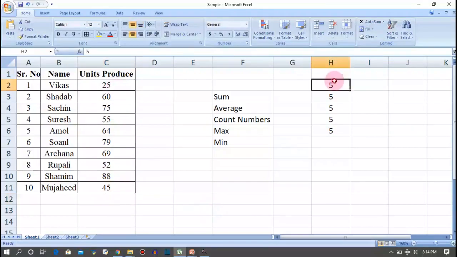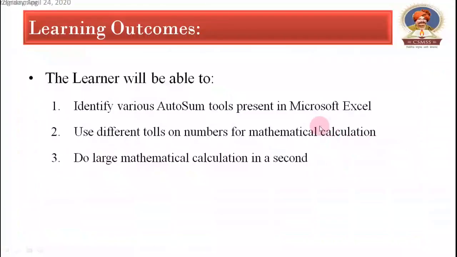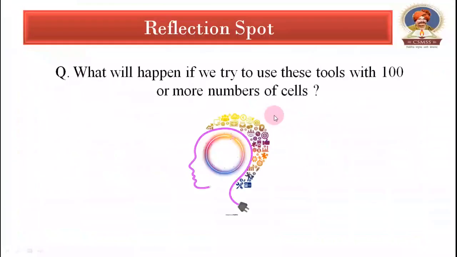These are the automatic selection tools present in your Excel. With the help of these tools, you can easily do calculations within 1 second. But here is a question for you: what will happen if you try to use these tools with 100 or more cells?